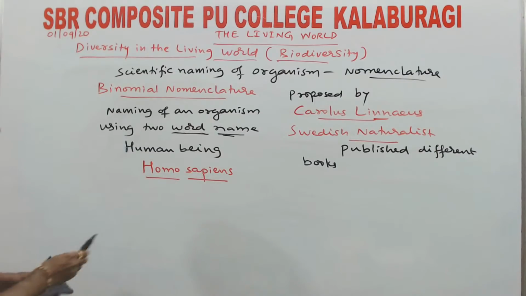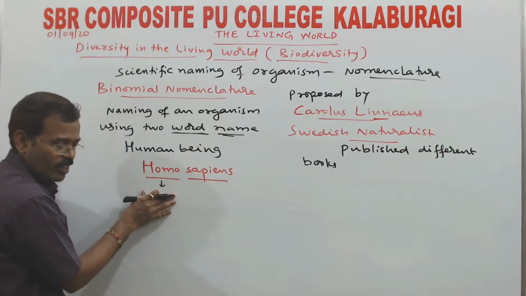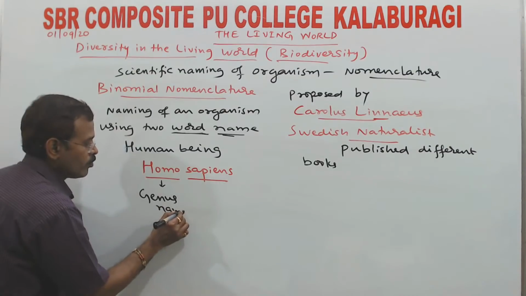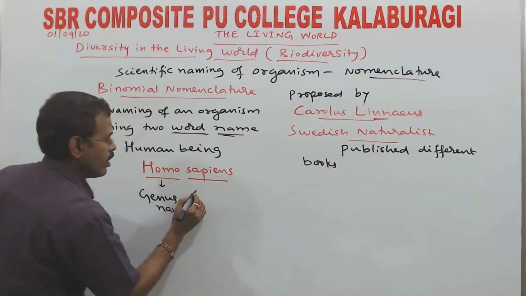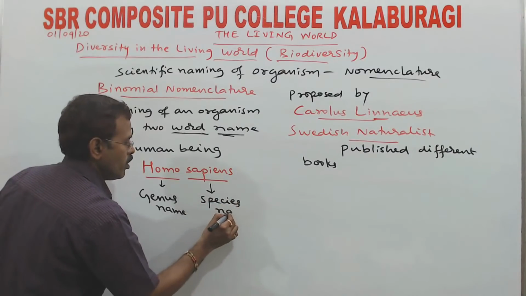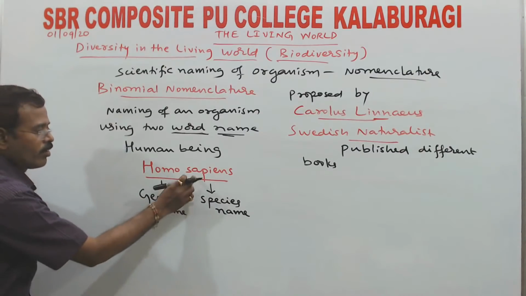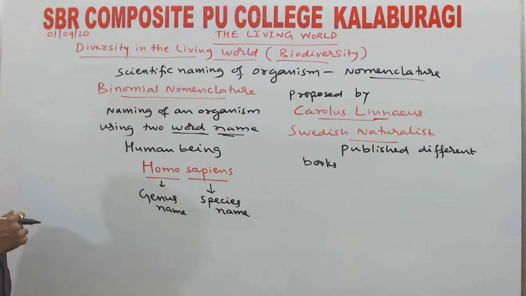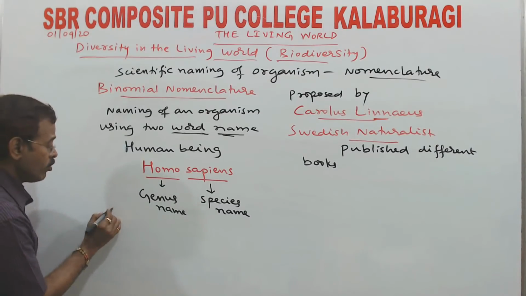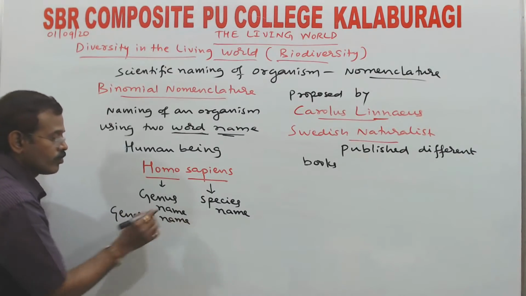The first name we have written here, Homo, is the genus name, and sapiens is the species name. The Latinized name of genus is the generic name.